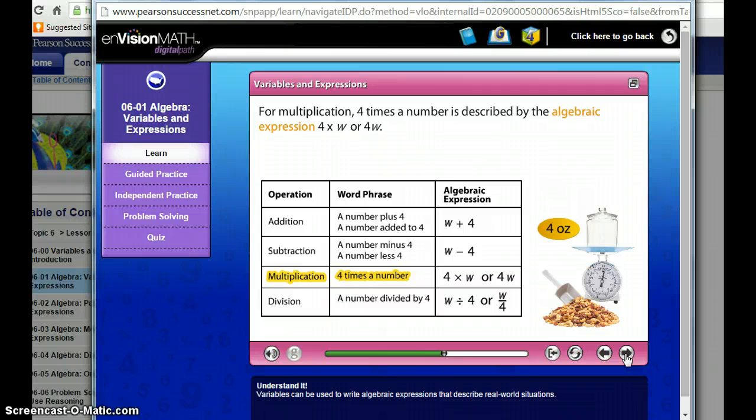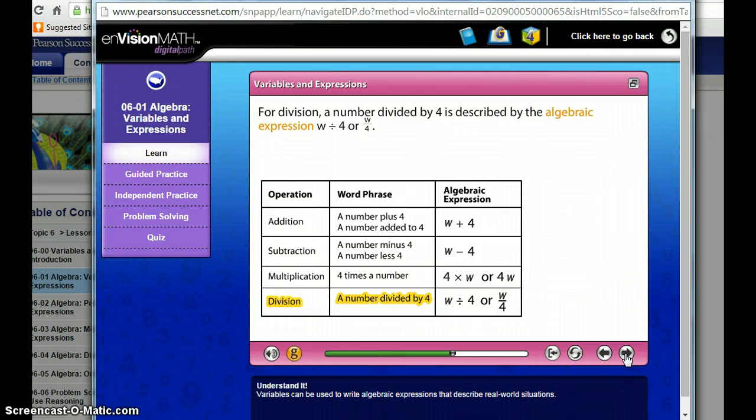For multiplication, 4 times a number is described by the algebraic expression 4 times w, or 4w. For division, a number divided by 4 is described by the algebraic expression w divided by 4, or w over 4.